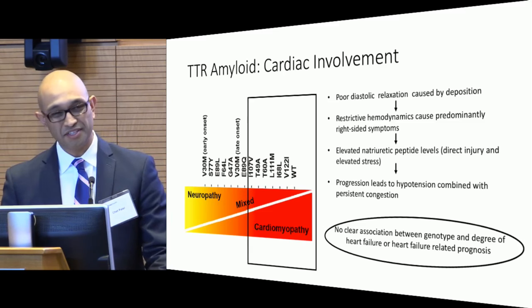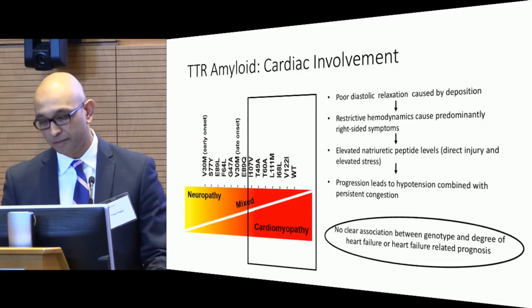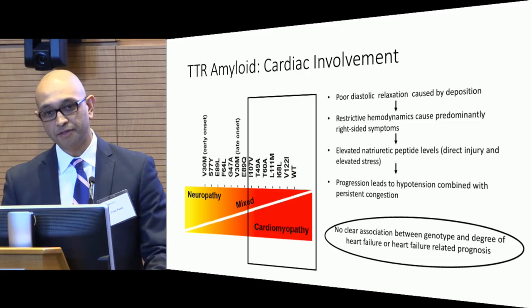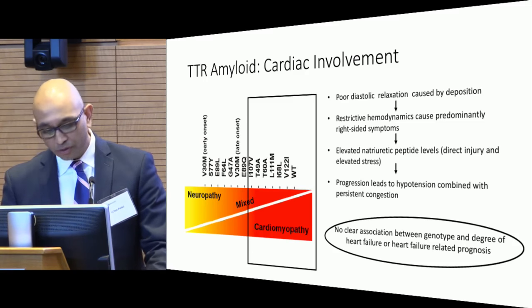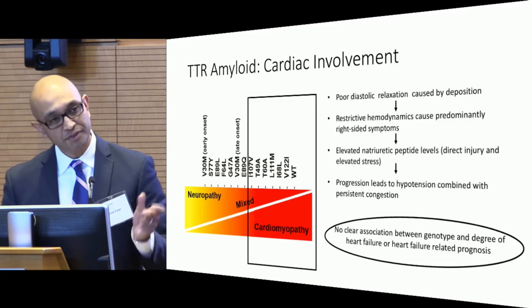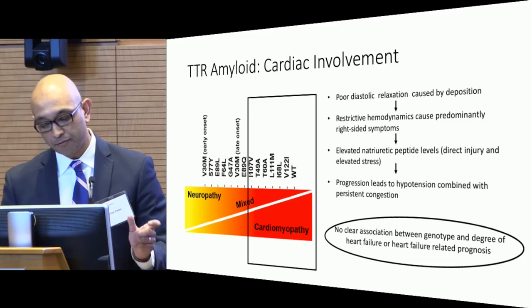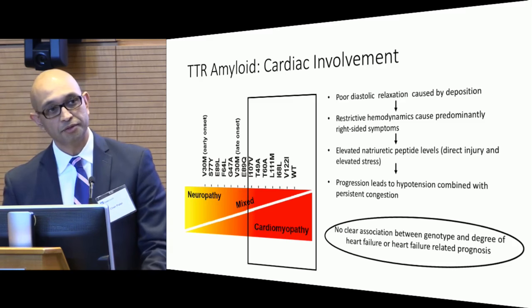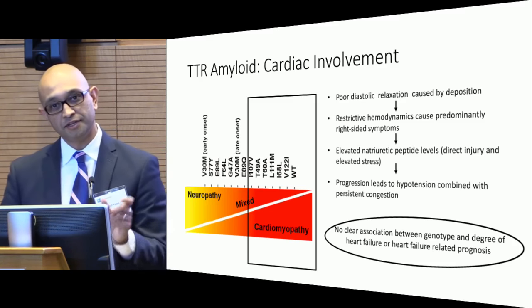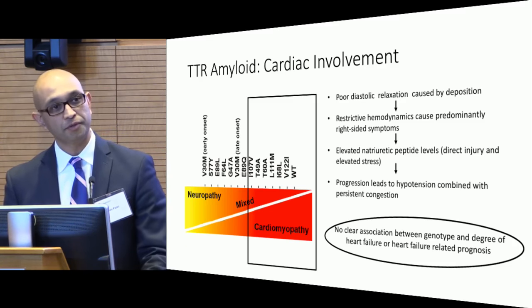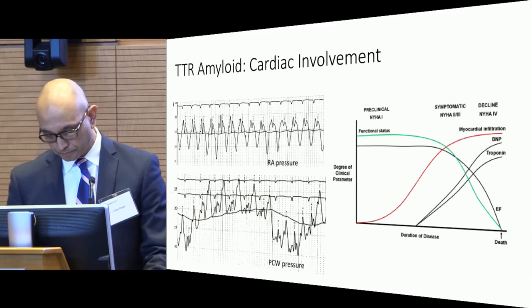This leads to persistent congestion, and attempts to diurese them. These patients, for their symptoms, can lead to hypertension. Importantly, there's not been a clear association between the genotype and the degree of heart failure or heart failure-related prognosis. So identifying the genotype doesn't necessarily chart a course for the patient with regard to their heart failure.